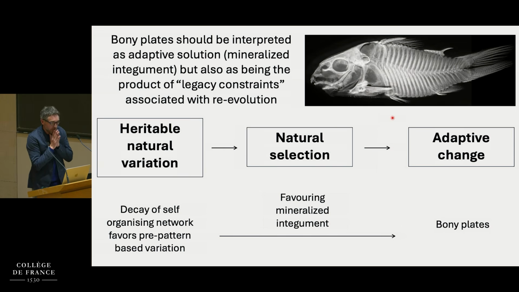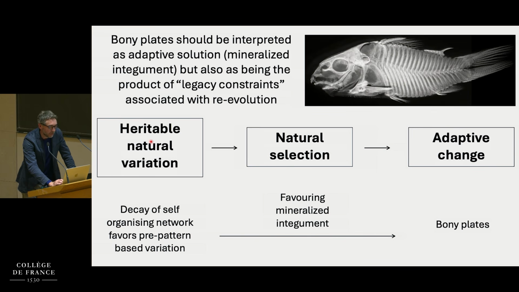So to sum this up, we interpret the evolution of those bony plates as an adaptive solution, indeed, a mineralized integument, but also as a reflection of a legacy constraint, the initial loss of the scales and the decay of the underlying genetic network.